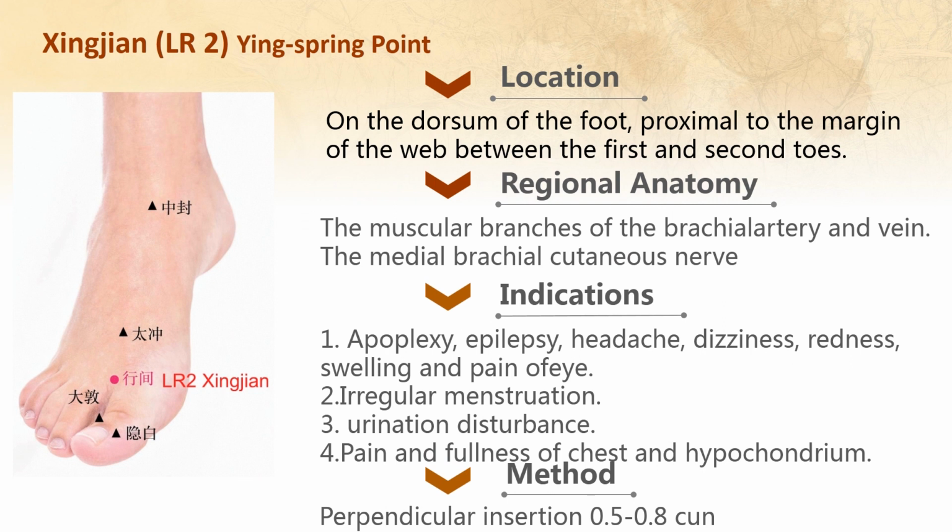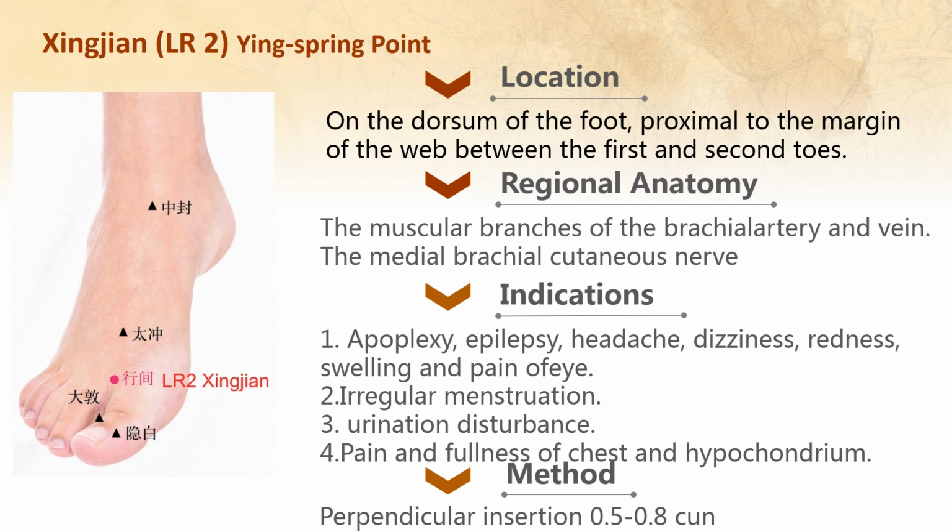Xingjian LR2 is the spring point of this meridian. Its location is on the dorsum of the foot, proximal to the margin of the web, between the first and second toes. Its regional anatomy is the first dorsal digital artery and vein, and the dorsal digital nerve.